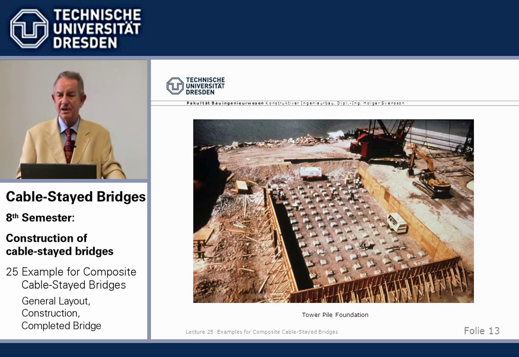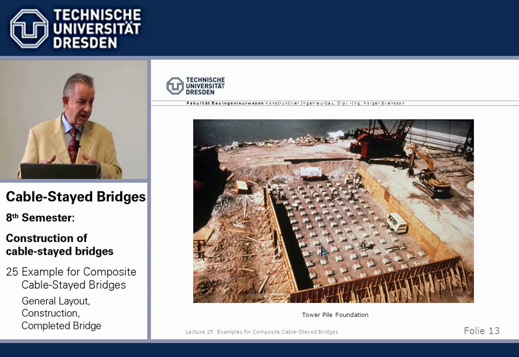So we decided on what we called a floating foundation. We used square concrete piles, 50 by 50 centimeters, post-tensioned, and they were hammered into this alluvial soil, and in a way they were floating there.